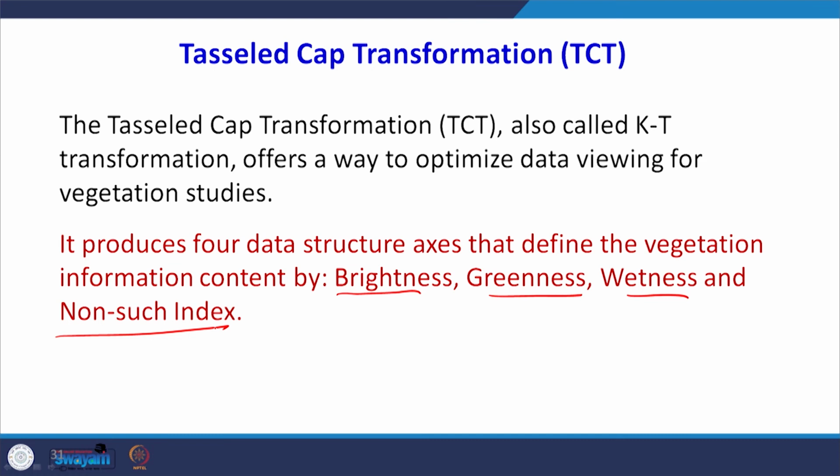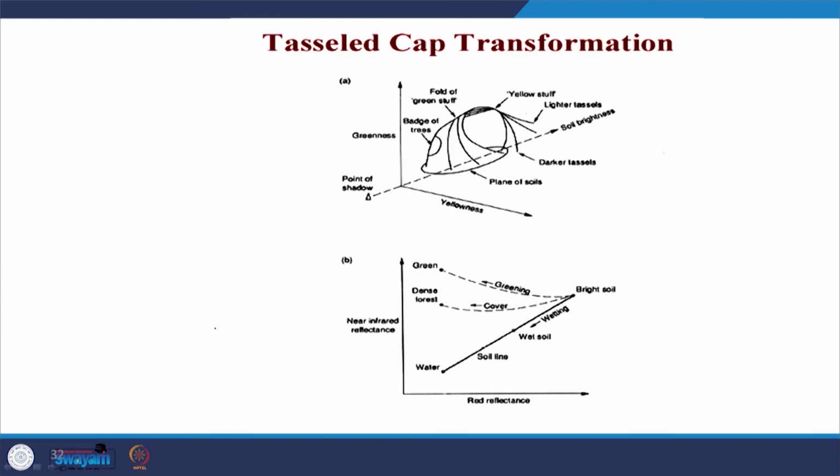As is clear from the name itself, the brightness index will give me the characteristics of the soil, brightness from the soil reflectance. Greenness will give me different types of vegetation characteristics. Wetness will come from the moisture content or the water content from the data, and known such index will be the geological information content. So this is the Tasseled Cap transformation.